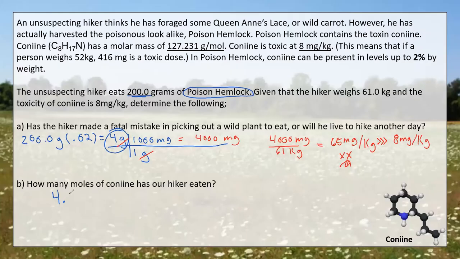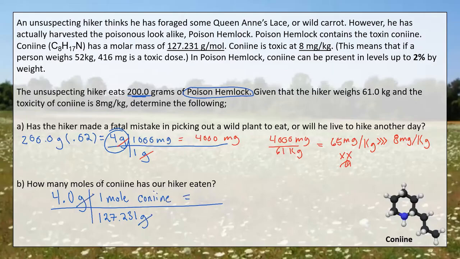So we could say 0.0 grams, and then 127.231. That's a lot of sig figs. Grams per 1 mole conine. And then cross out our units that cancel. And when I do this, what do I get?